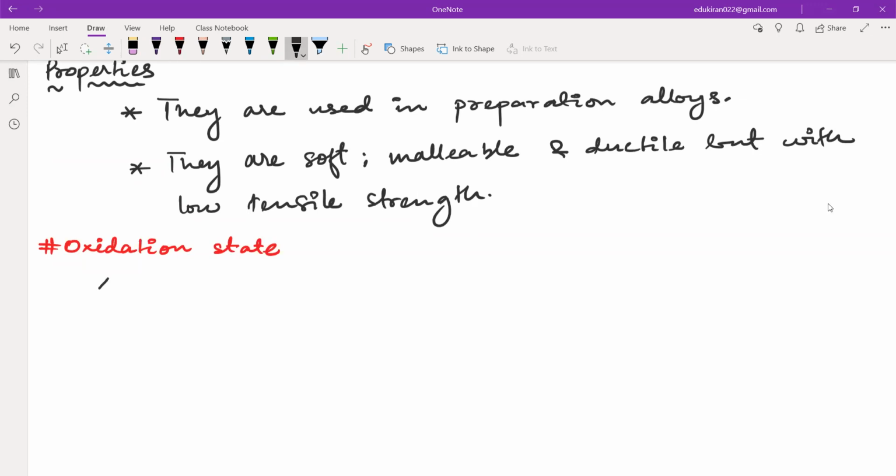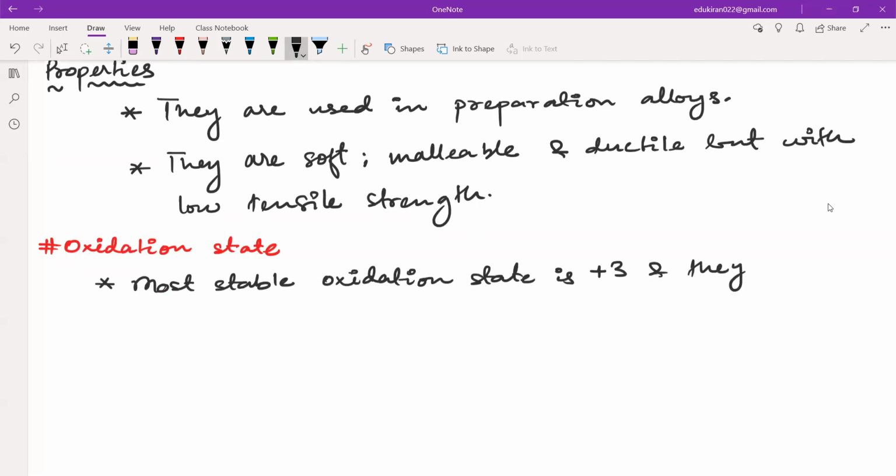The most stable oxidation state is +3, but they also exhibit +2 and +4.